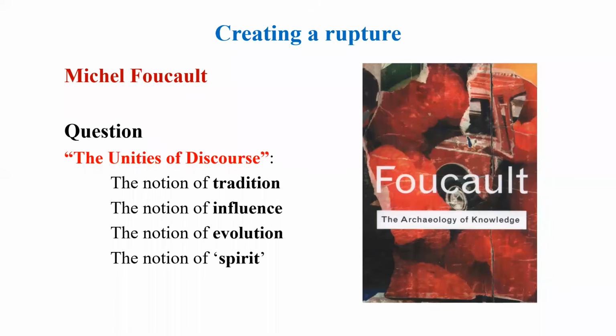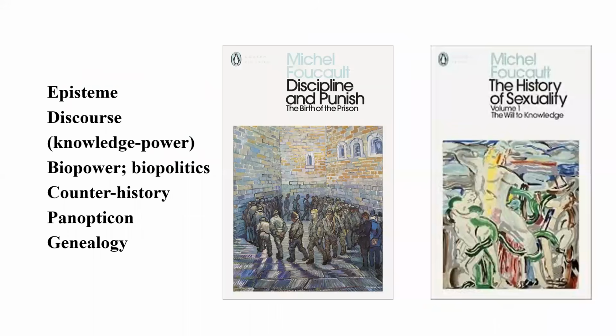Okay. So when you think of Michel Foucault, you should think of his famous work Discipline and Punish, where he talks about the birth of the prison. So when you think of prison, you also think of his famous concept, Panopticon, P-A-N, opticon. Pan, as you know, means all. Opticon means vision.